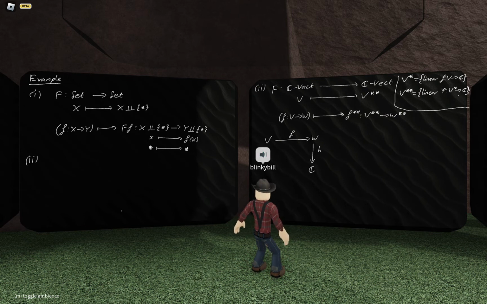So say I have H, an element of W star. It's a map from W to C. That's what elements of W star are, but they're also linear. What I can do here is compose these, and that gives me a map here. And that's pre-composition with F.